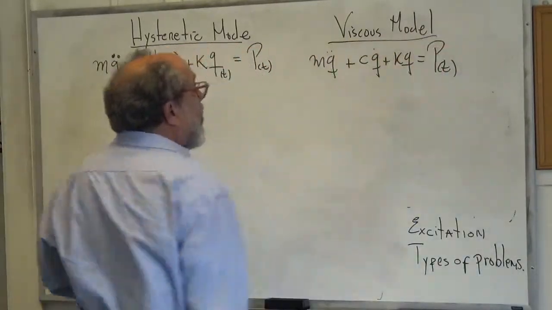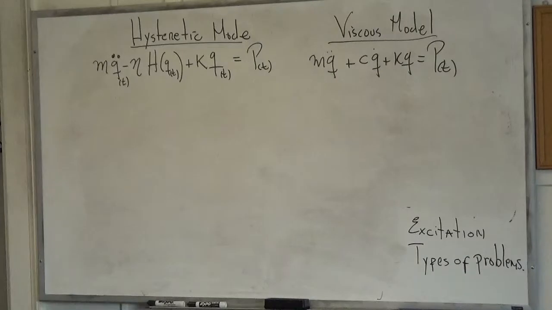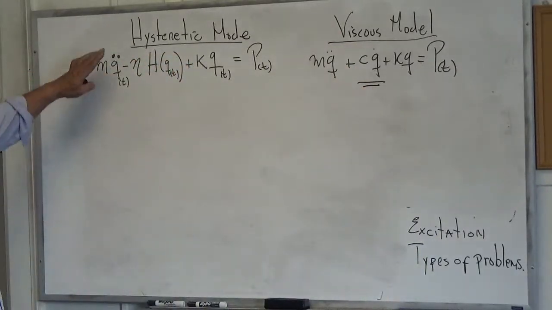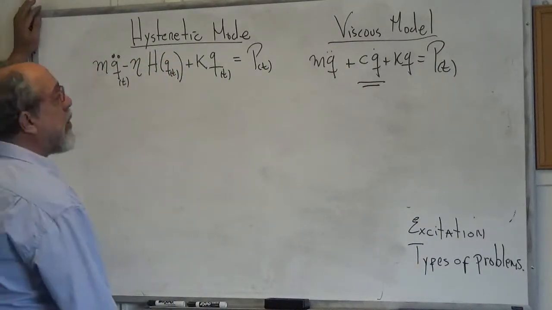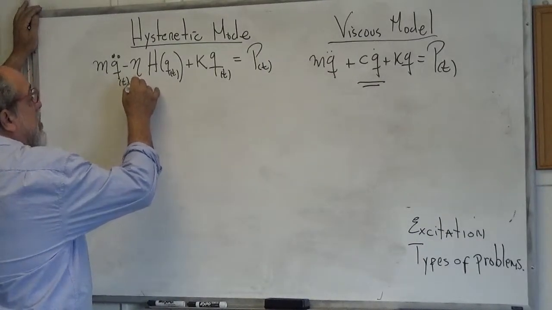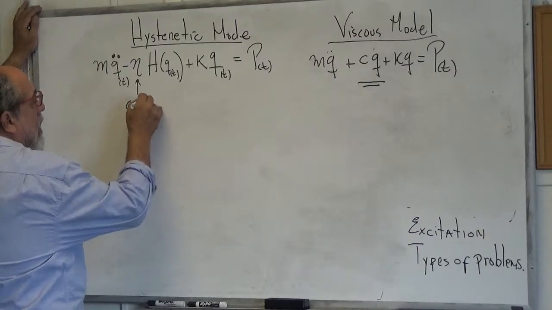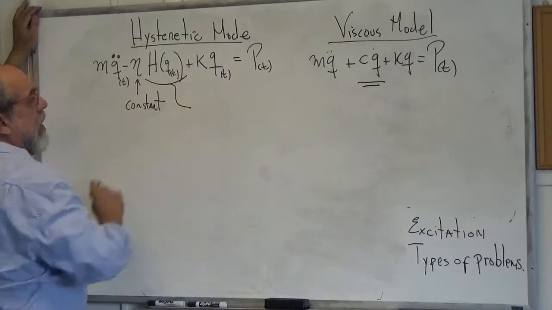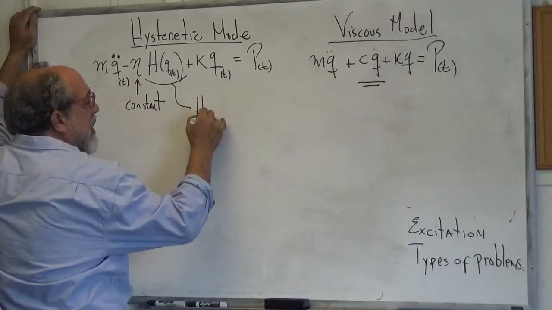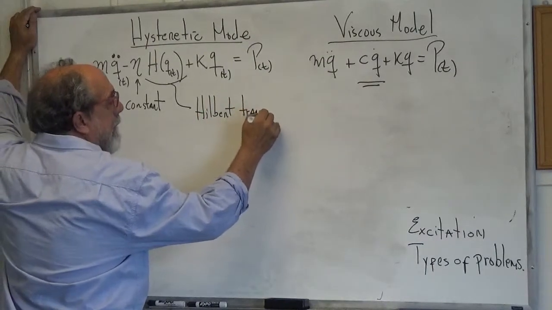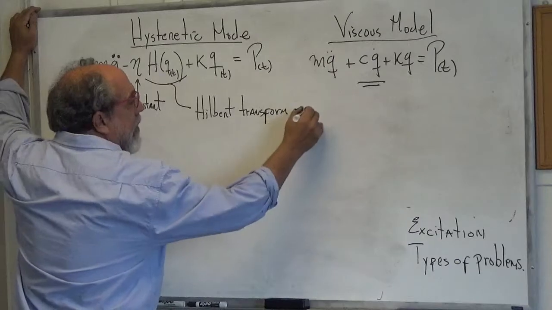Okay? So the viscous model on the right side, MQ double dot plus CQ dot plus KQ is equal to PT. This is damping force is proportional to velocity. The hysteretic model, damping force is not proportional to velocity, is proportional, because this is a constant, is proportional to this. And this is called the Hilbert transform of Qt.